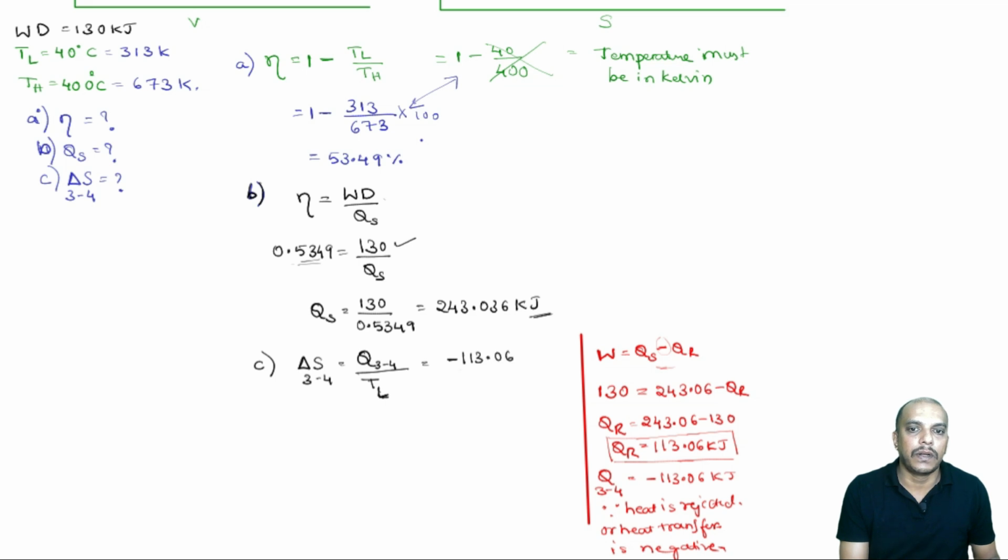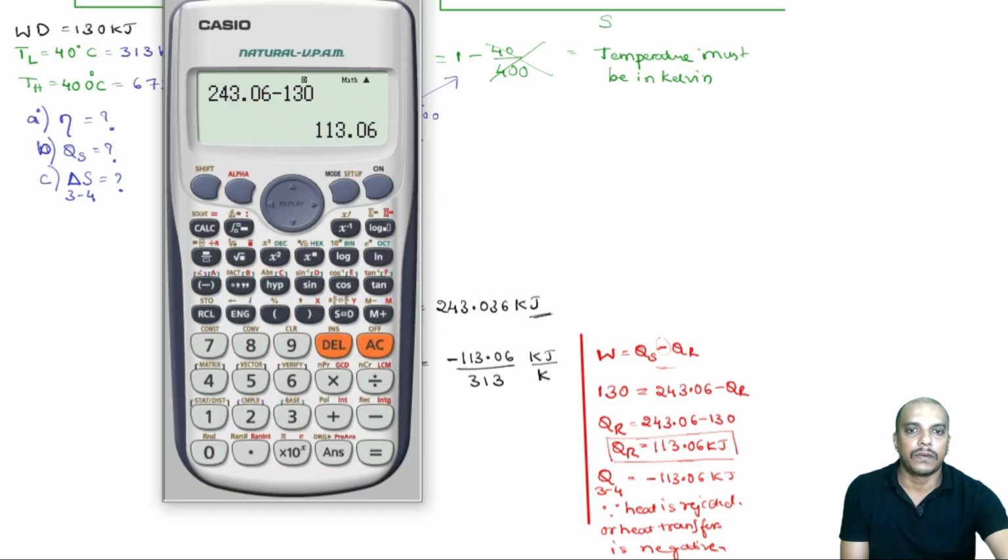All right. So, now we will come back here and substitute: this is minus 113.06 divided by temperature in Kelvin, the lower temperature is 313. Remember the unit: Q is in kilojoule and temperature is in Kelvin. So, it will be minus 113.06 divided by 313.